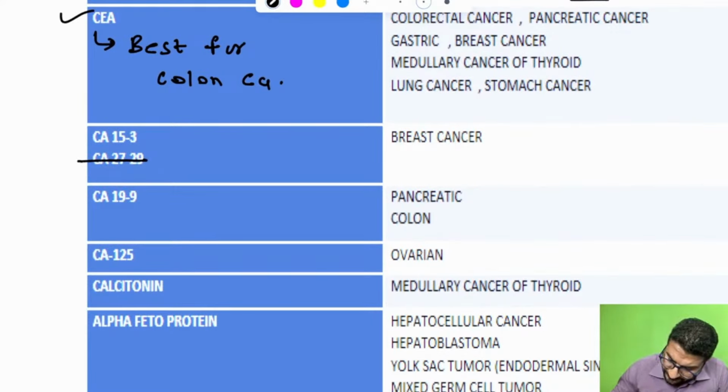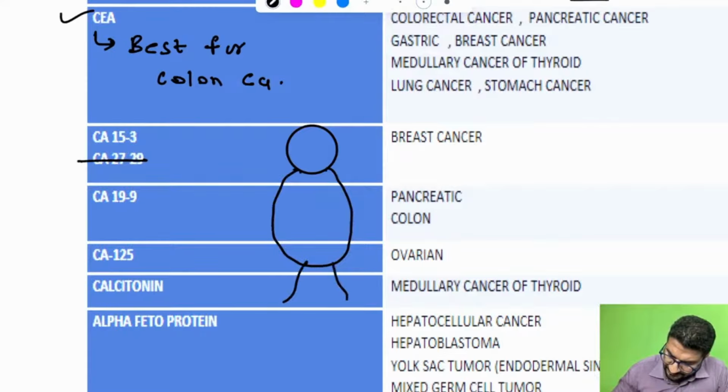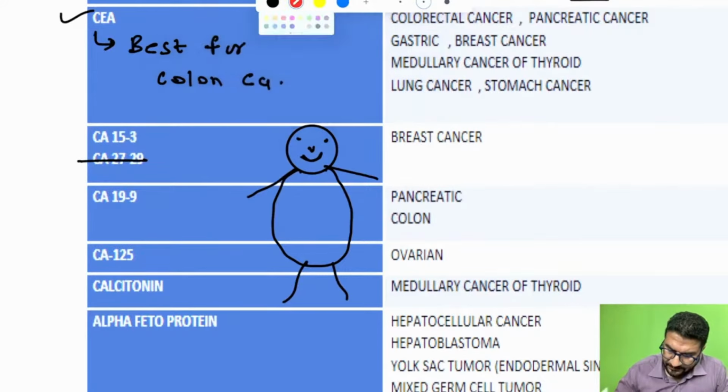नाउ लुक एट द स्क्रीन केयरफुली. अब मैंने ये क्या बना दिया यहाँ पर, ध्यान से देखो. Look at the screen carefully and try to understand this. नंबर में पहले 15 आ रहा है, फिर 19 आ रहा है, फिर 125 आ रहा है. तो 15, 19, 125.